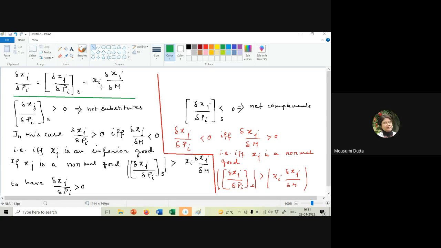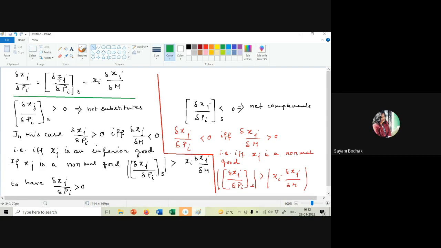For gross complementarity, you need the entire part to be negative. So if this part is positive and you want to make this entire thing negative, in that case, the modulus value of this part, which is negative because you have started with net complementary commodities, should be greater than this part, so that the entire thing will be negative.